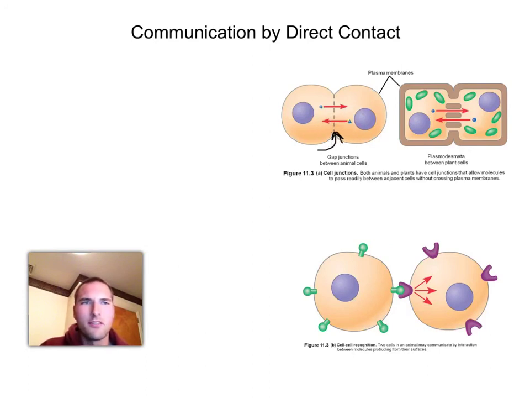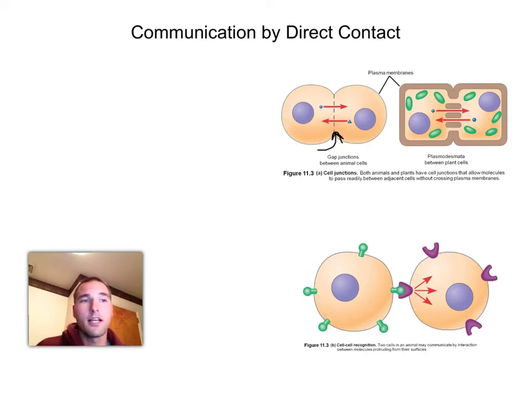That would be the easiest way for two cells to communicate, if they're right beside each other, actually touching each other, and they can share parts of their cytoplasm. Then one cell can be doing something, and the cell right beside it knows what's happening immediately. So that's one way, which we call direct contact. It's one form of direct contact on these cells that are stuck beside each other.